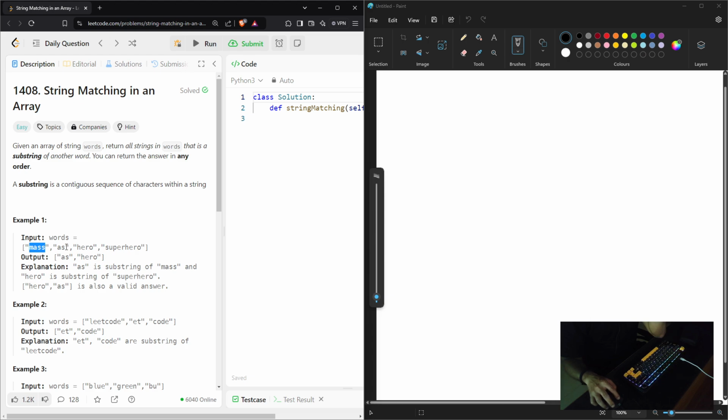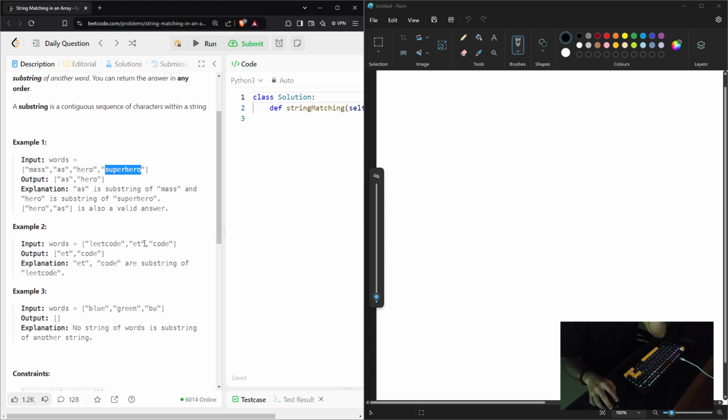So we have as in here as the answer. Hero is a substring of the word superhero, so we have that as well. For superhero, we don't have any other word of which superhero is a substring, so that's why we don't have that.